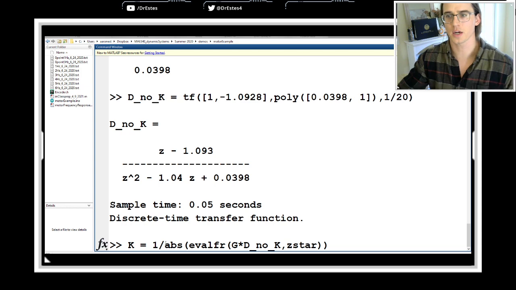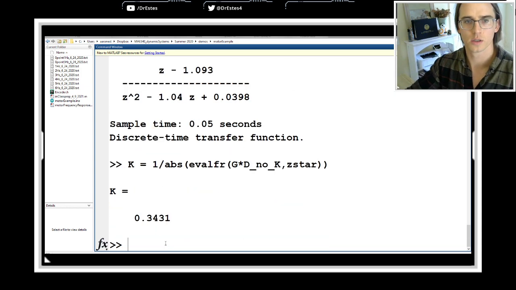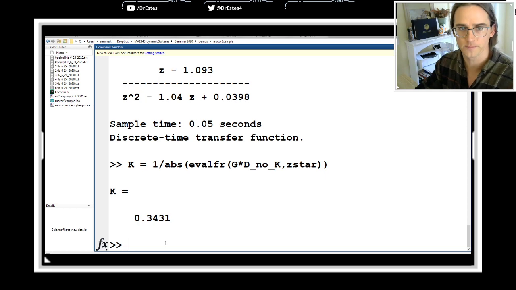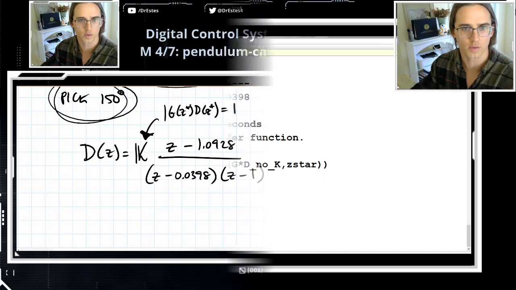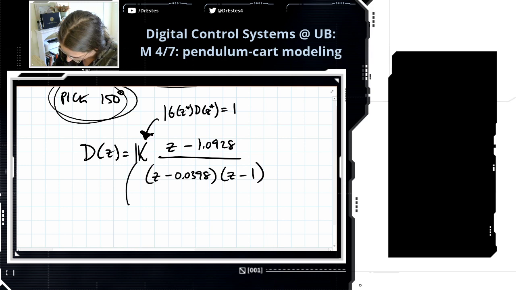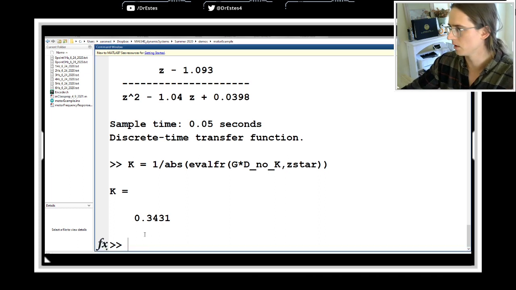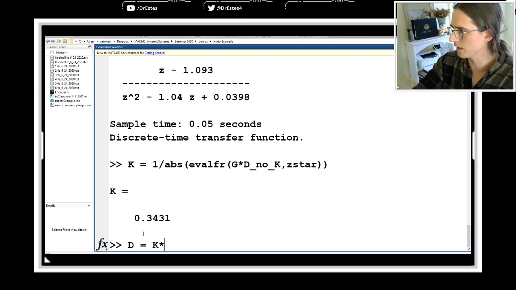So this formula we've talked about in class before. So K is 0.3431. So if I go back over here, this is 0.3431. So now I can say D is K times D with no K.